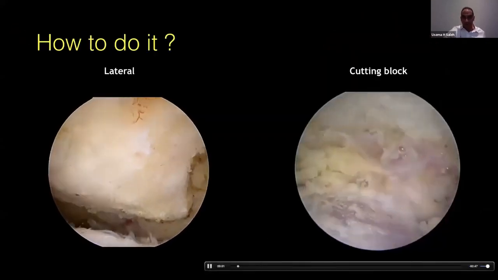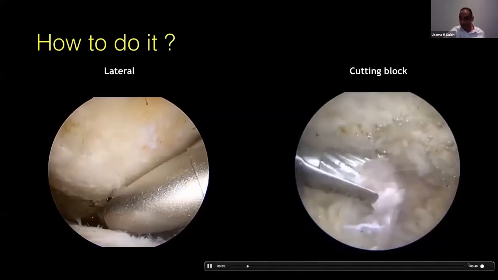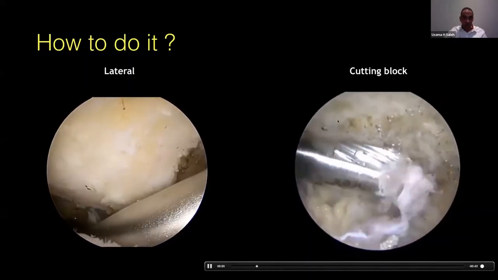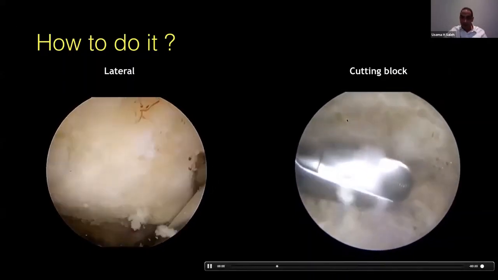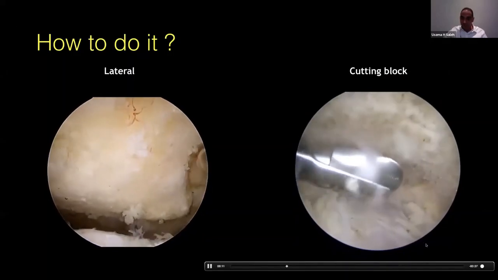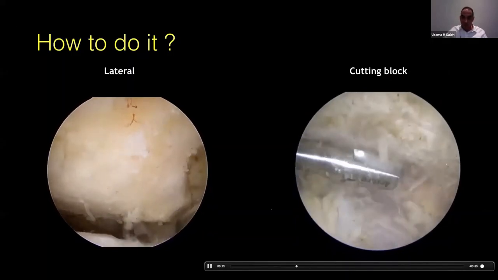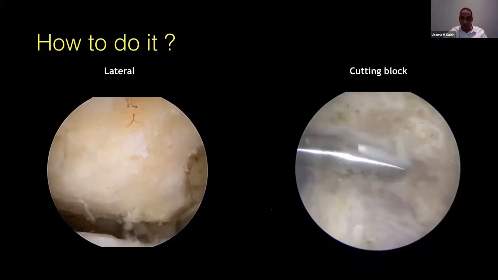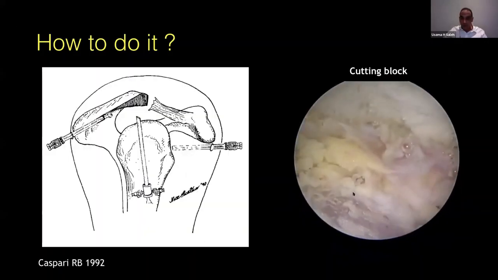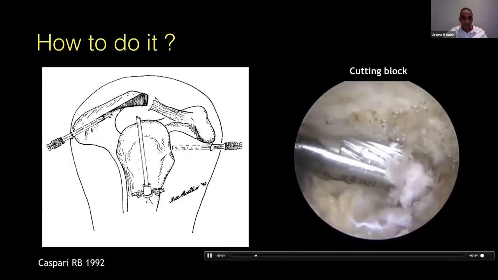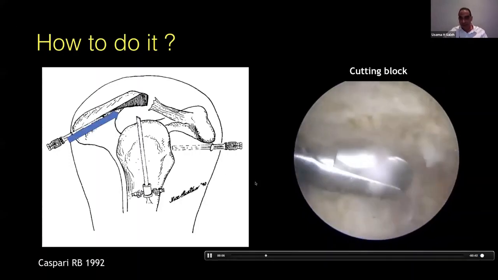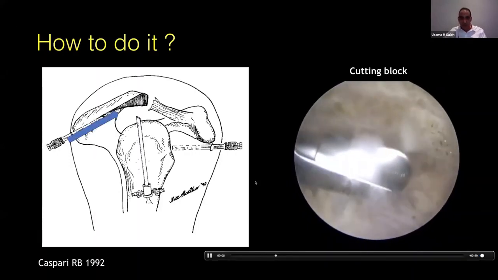So how do I do it? There are 2 described techniques, either to do it viewing from lateral and working from posterior, or a cutting block technique, viewing from the lateral portal and working from posterior. I usually prefer the cutting block technique because it gives me a landmark where I know exactly where I should go.